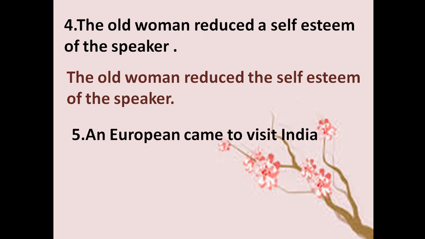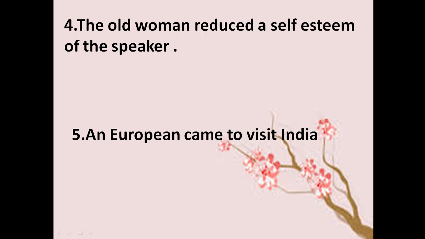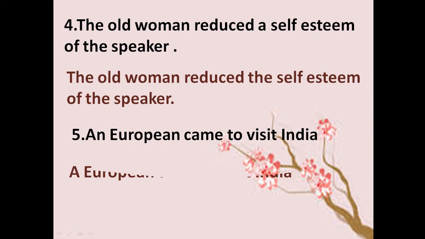Please keep that in mind. So here, even if E is used in European, it's pronounced as "Yu." So we can't use the article "an." The correct answer will be: A European came to visit India.